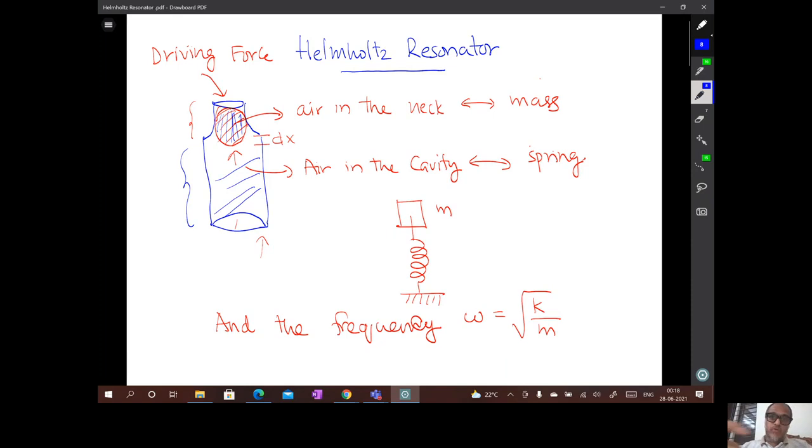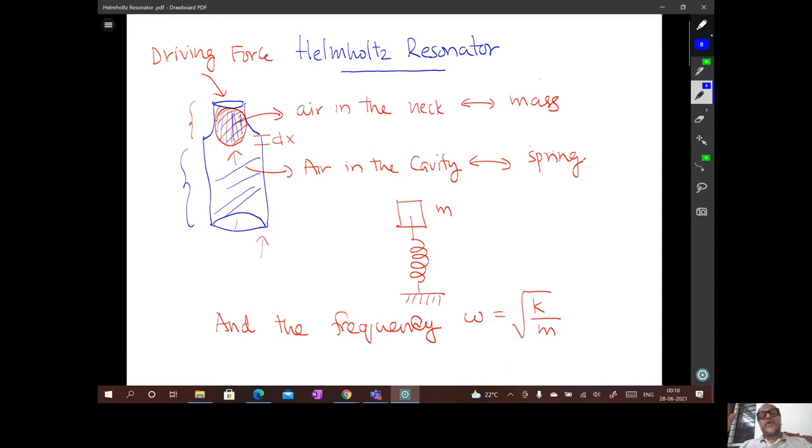That hollow air part behaves like a Helmholtz resonator. So many things around you can be related to the Helmholtz resonator.